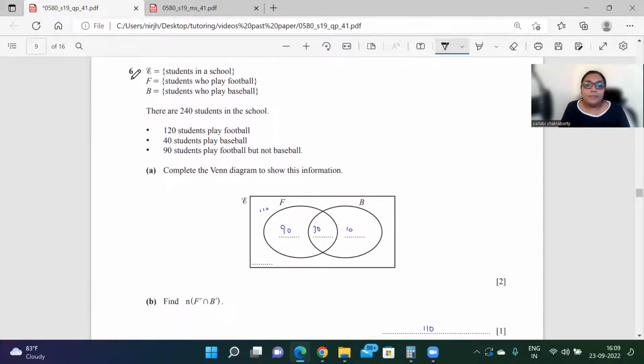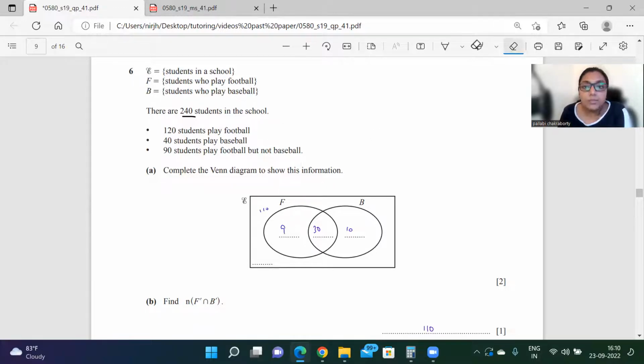Now we have this 6. A set is given already. These are the number of students who are in a school, the total number. That is 240 students in total. Out of the 240, 120 play football. So 120 play football total, right? This whole circle is 120.